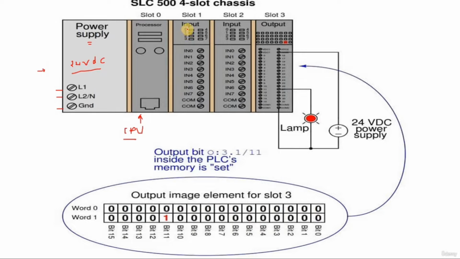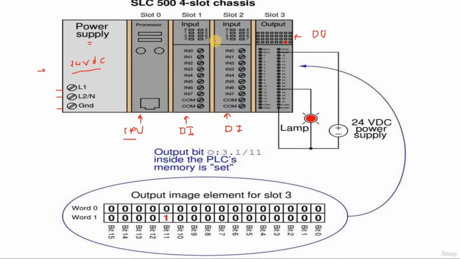In slot number 1, we have inserted one digital input card. In slot number 2, we have inserted one more digital input card. And in the last slot, we have inserted the digital output card.